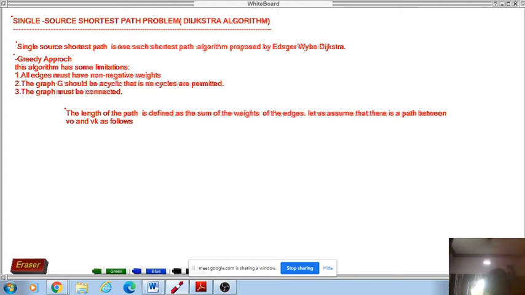Suppose V0, then there is V1, and so on, up to Vk taking the vertices. Then I will define the weight of the path.